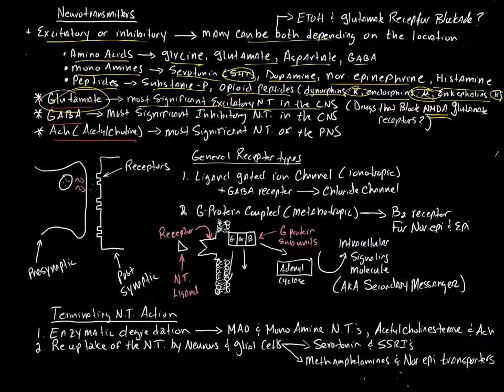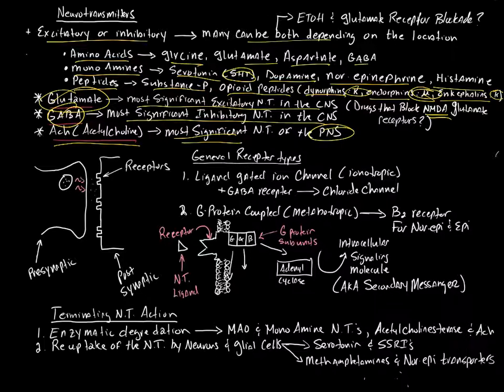And then we talked about GABA. Gamma aminobutyric acid is the most significant inhibitory neurotransmitter in the central nervous system. And then acetylcholine is the most significant neurotransmitter of the peripheral nervous system, the PNS. Very important. Remember I said that neurotransmitters can have an inhibitory and excitatory role?